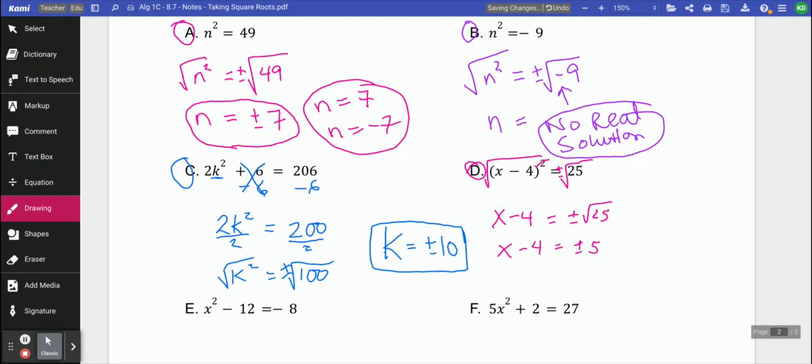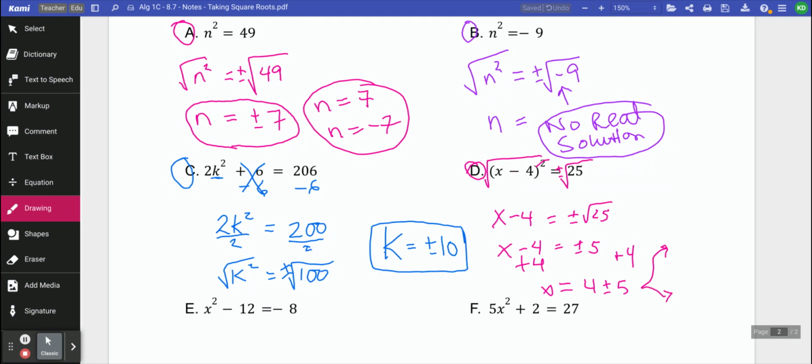And now here's where it's going to get tricky. I have basically two equations here. I have positive 5 on one, and I have negative 5 on the other. So if I add 4 to both sides, usually what we do is we write the plus 4 first, and then plus or minus 5. Well, this is going to give me two numbers.